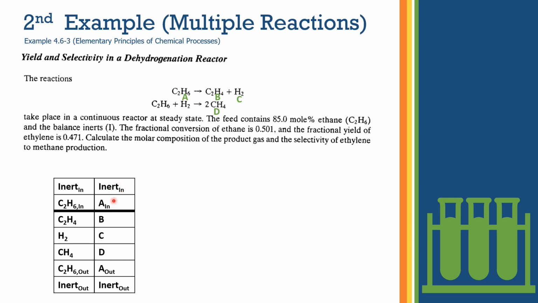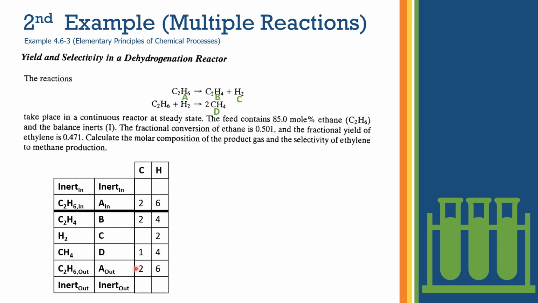We put subscript in and subscript out, and we have just 2 atomic species, carbon and hydrogen. If you can see, they are repeated again and again. Then we plug in, for each atomic species, how many atoms are in each of the molecular species. Here we have 2 carbon and 6 hydrogen atoms.